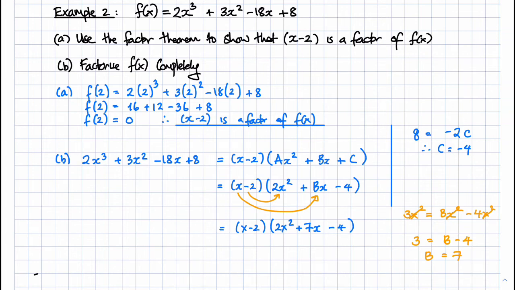And given that we now have our quadratic factor, our next challenge is to be able to factorize this quadratic factor further. So this is our cubic polynomial now fully factorized.